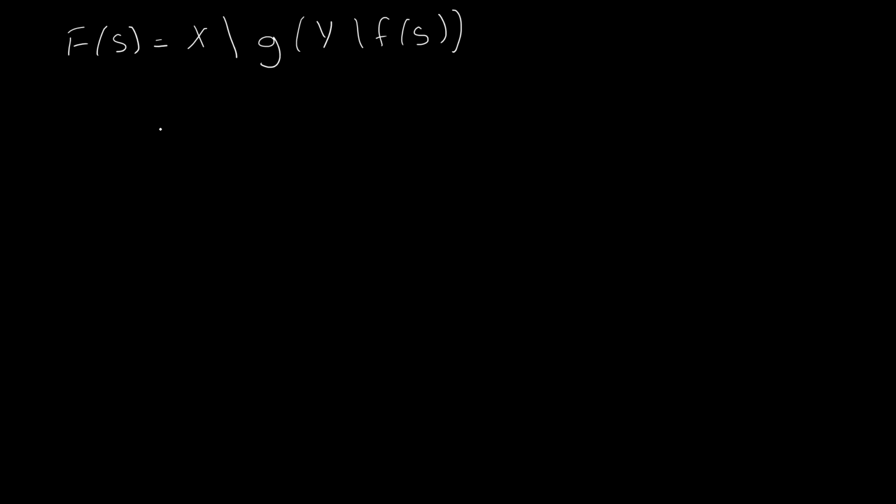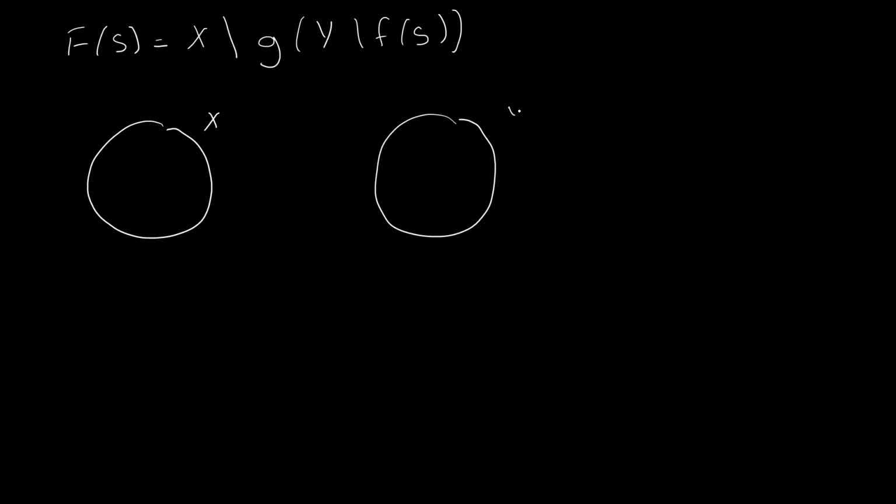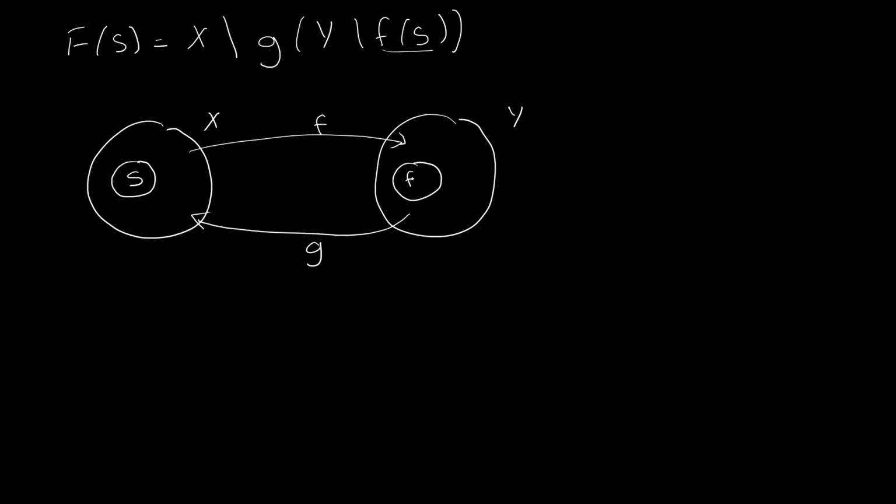So the diagram looks like this: this is going to be my X set, and this one is going to be my Y set. Now f is from here to here, g is from here to here. Now S is a set in X, so f of S lies here, and this part is Y minus f of S, which is going to be a subset of capital Y. Now g is going to work on that Y minus f of S, so g of (Y minus f of S) is going to lie here.